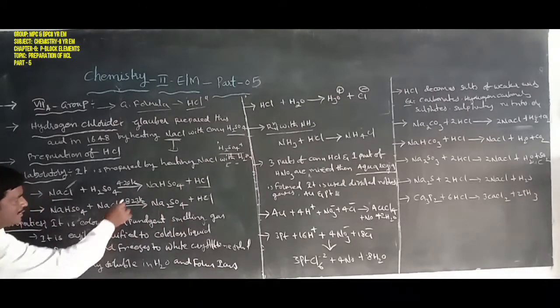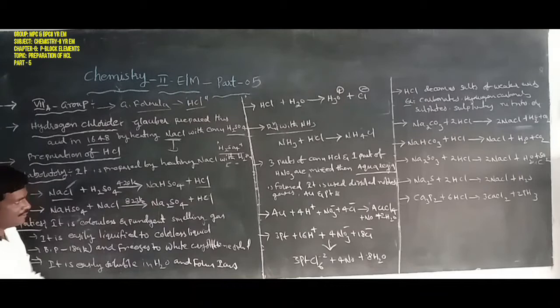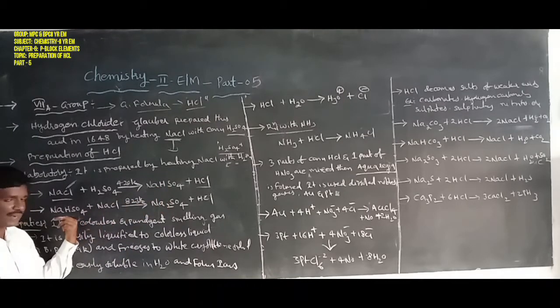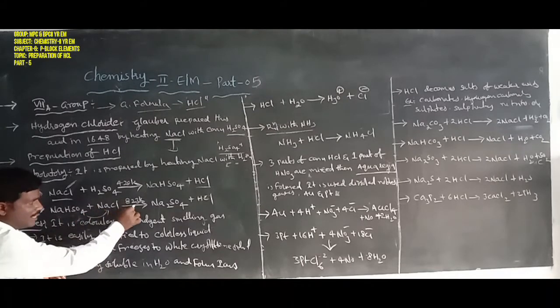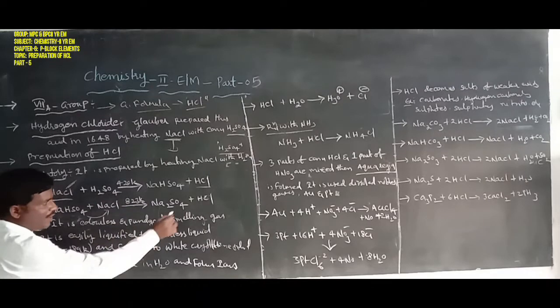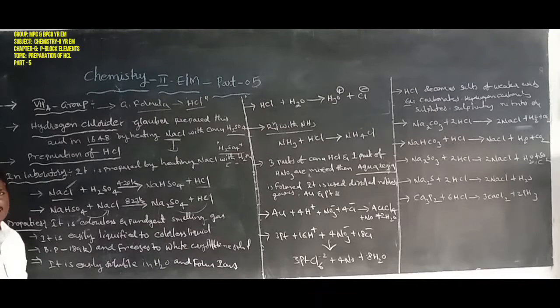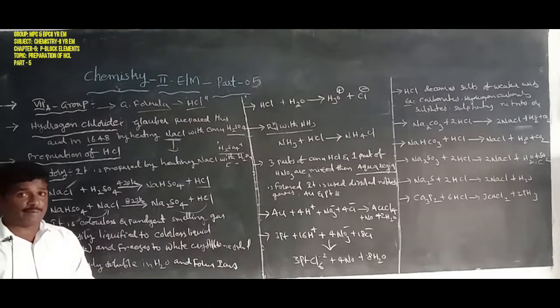In the first reaction, sodium bisulfate is formed. When sodium bisulfate combines with another portion of sodium chloride at 823 Kelvin, it forms hydrochloric acid and sodium sulfate. So hydrochloric acid is prepared in two reactions in the laboratory method.